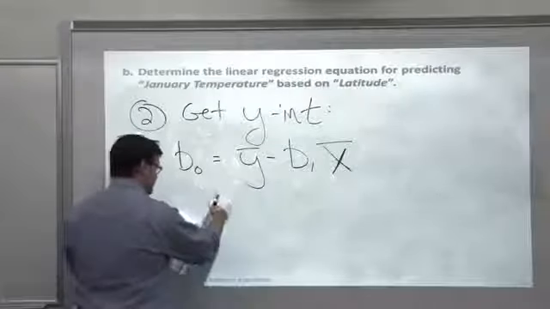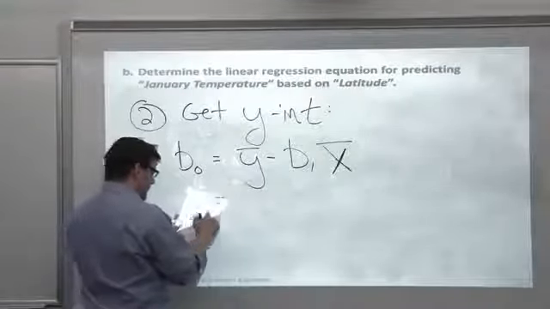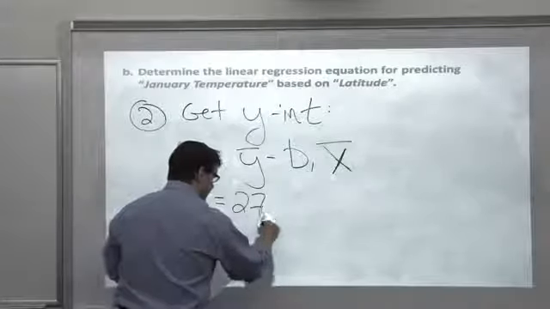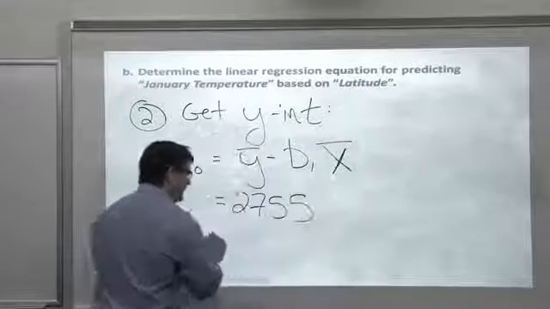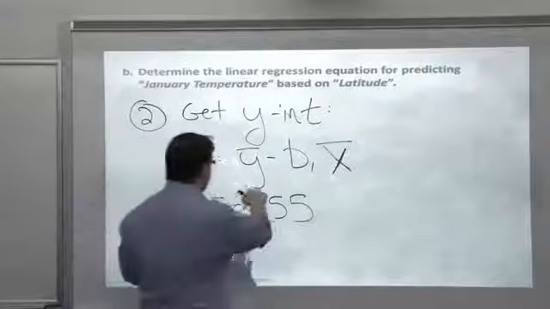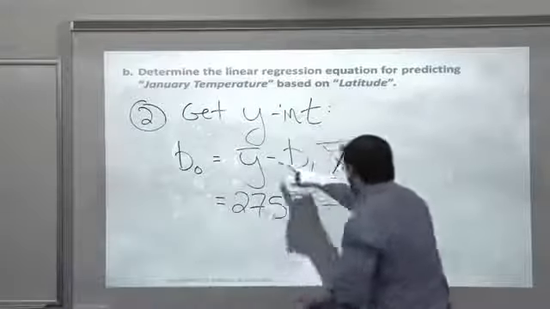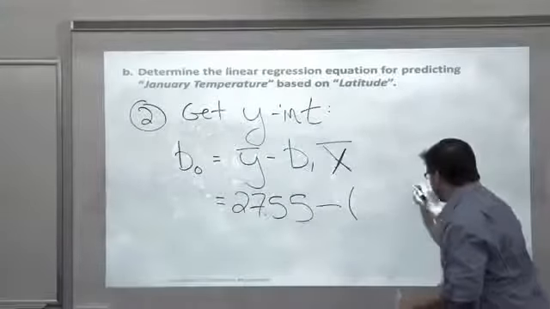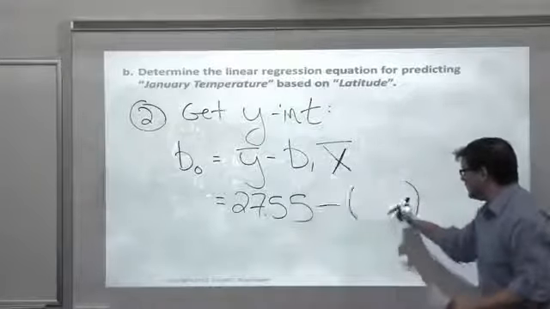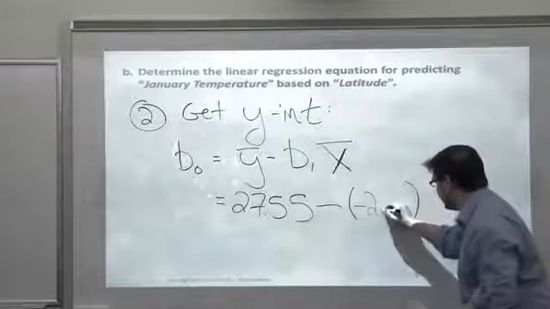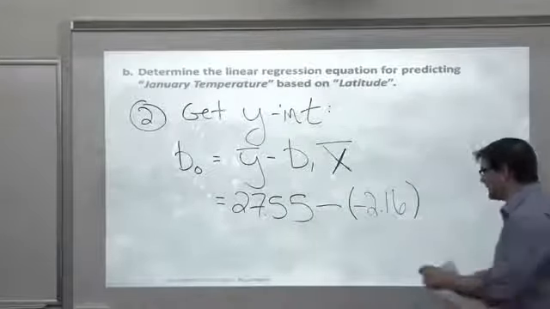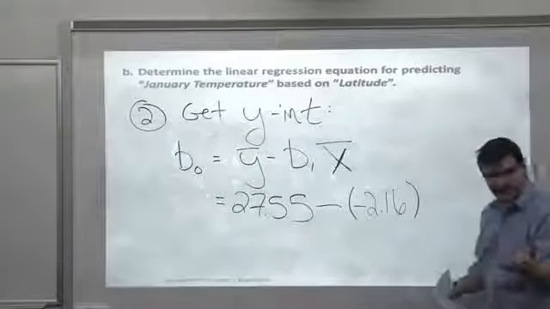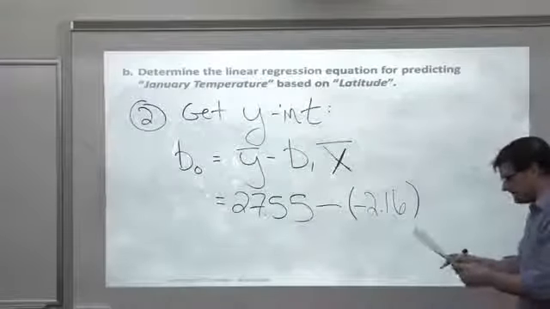Y bar, x bar come from the chart up at the top. I'll plug the numbers in. Y bar was 27.55. That was the average temperature. Minus, careful, parentheses, slope was negative 2.16. Negative times negative makes positive when we make this calculation.